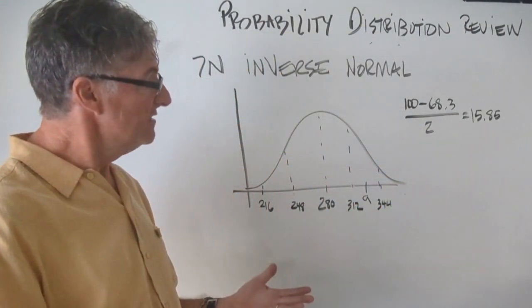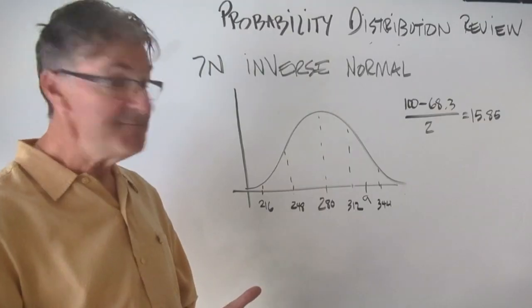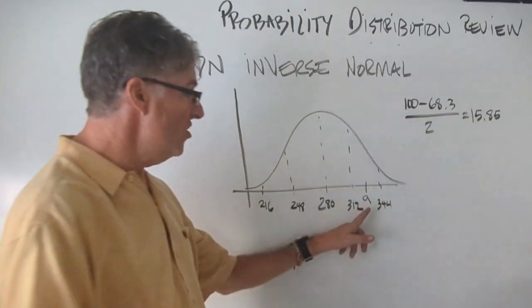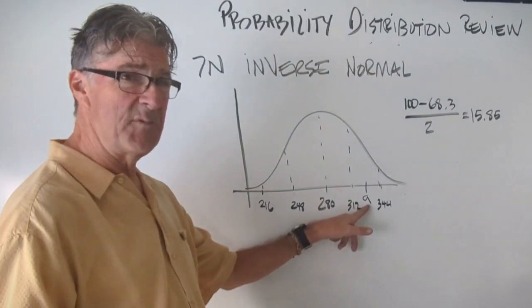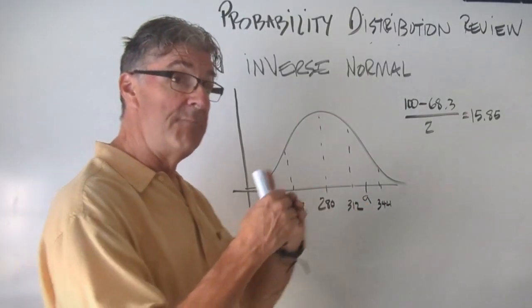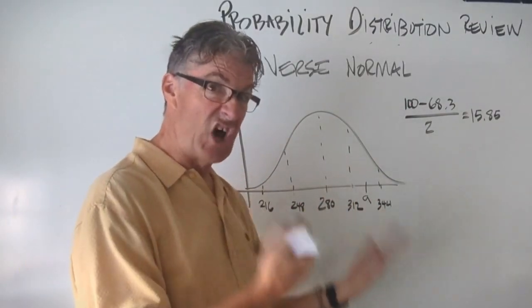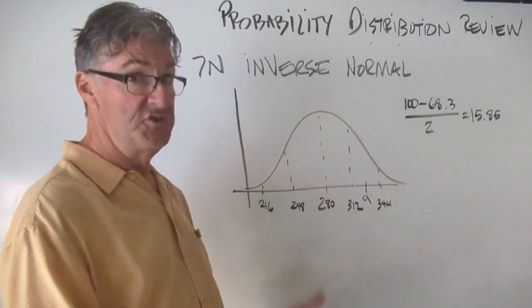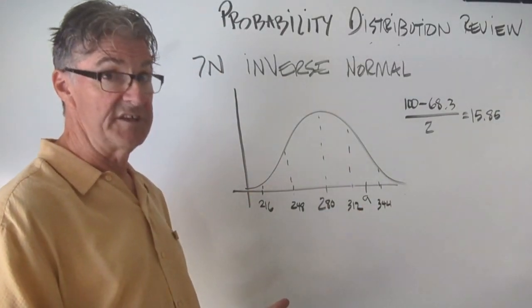So I know that. So I'm looking for the top 10%. The top 15% start there. So I know my A, whatever that tree height above which I've got the tallest 10%, that's right there. So now we just do our inverse normal calculation.